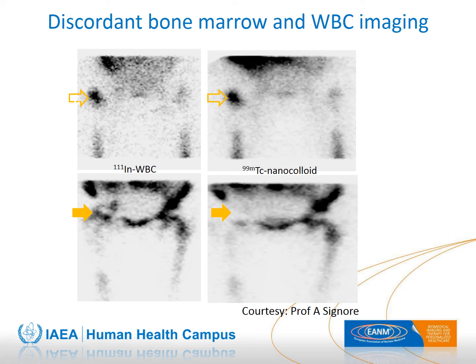A concordance between imaging, both on the WBCs and the nanocolloid imaging, suggests that infection is not present, while a negative accumulation on the nanocolloid with a positive uptake on our labeled cells is more definitively positive of an infection.